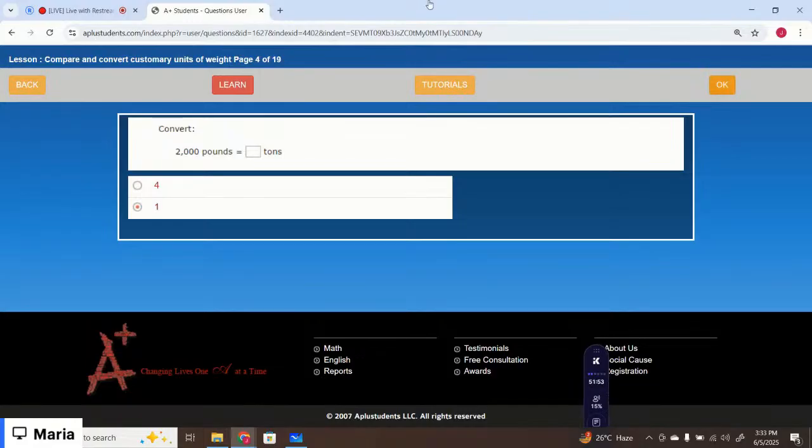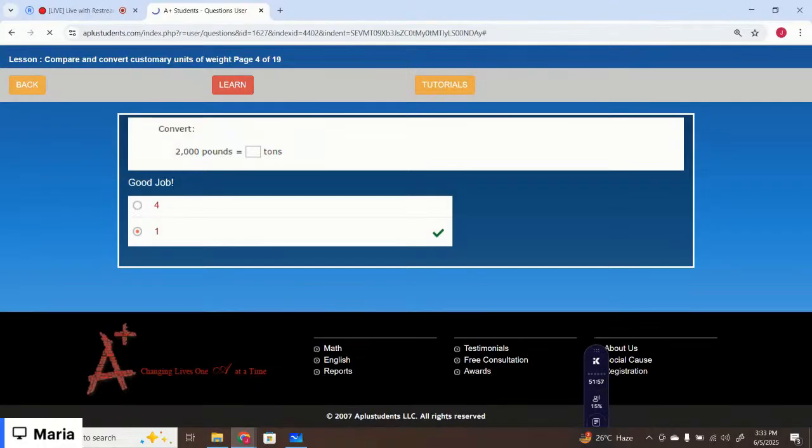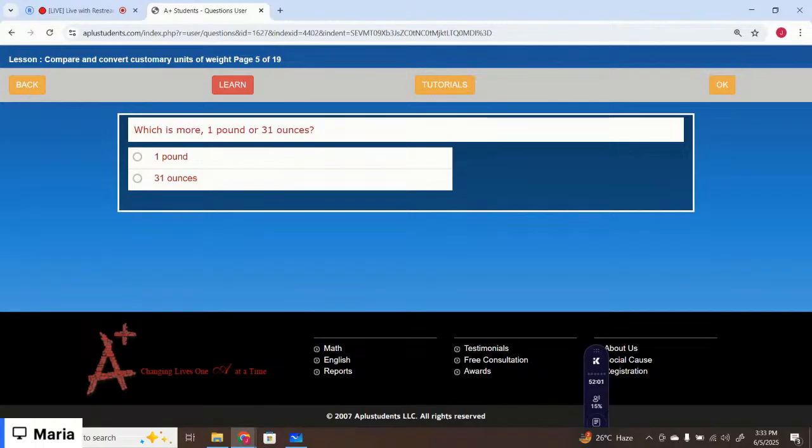Option number two is the correct option. Which is more, 1 pound or 31 ounces? Thirty-one ounces is more than 1 pound.